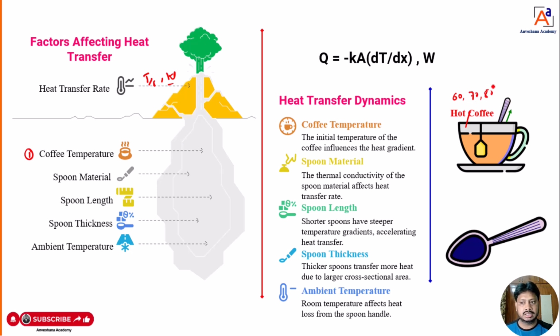If it is 80, the rate of heat transfer is going to differ. So that means if the temperature of the coffee is more, then the rate of heat transfer is going to be more. That means there will be more amount of heat transfer. That is one of the important factors which is going to affect the rate of heat transfer, dear students. That is Q equals.